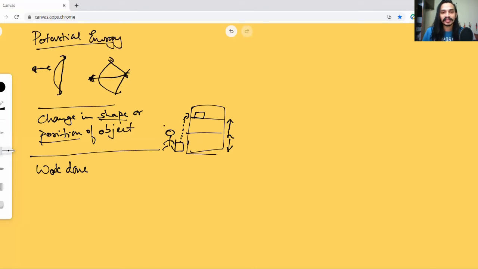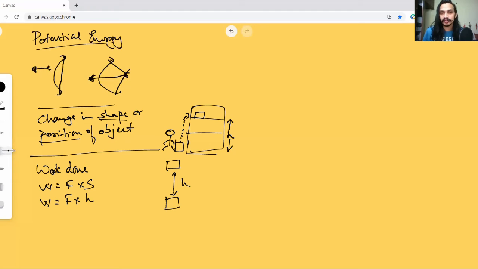So, for example, let's take this case wherein an object is moved from one position to another through a height h. Now we know that work equals force into displacement. Very clearly, the displacement is nothing but the change in position. So I'll say work equals force into height. Height is nothing but the distance between this and this.